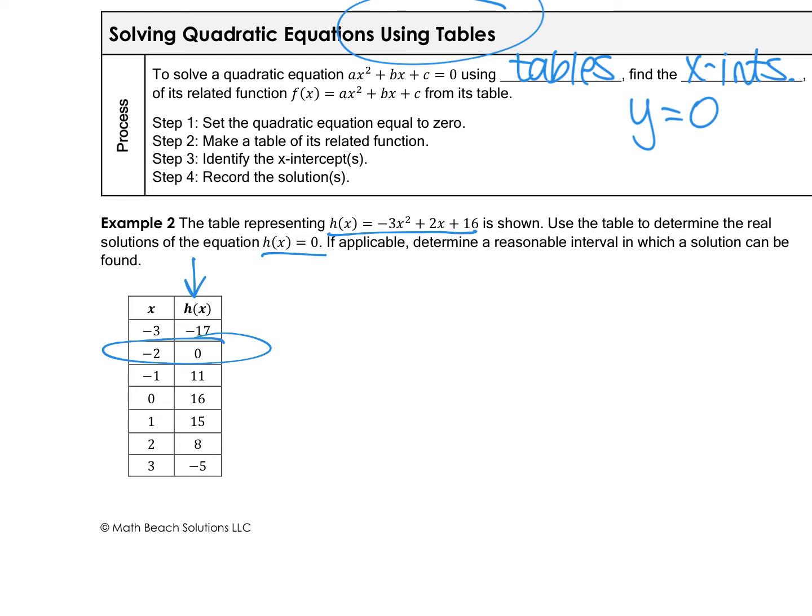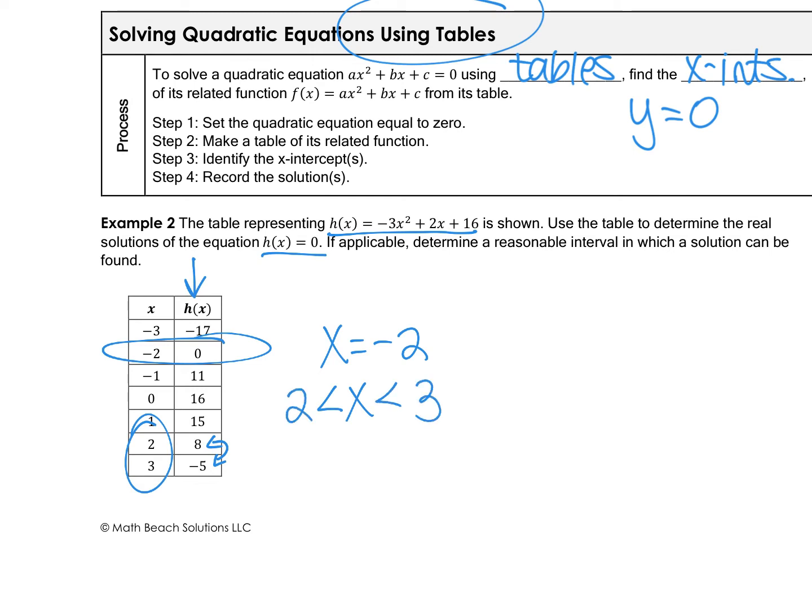So if you notice the pattern here, you're jumping from a positive 8 to a negative 5, which means you're going to have to be touching 0 at some point in between those two. So I know one of my solutions would be x equals negative 2. And then I know my next solution would be somewhere between 2 and 3.